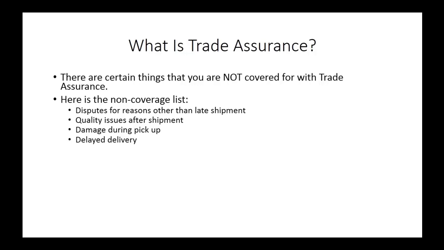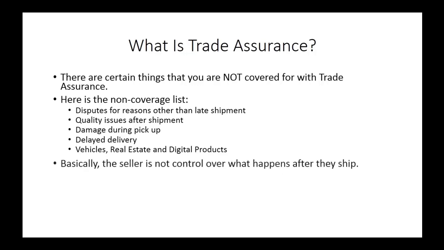So as long as the seller ships on time, they're not going to be responsible for a claim if your product is delivered late. Again, they're not responsible for that if they've done their job by getting the package out to you on time. Anything with respect to vehicles, real estate, or digital products, those products are not covered under trade assurance.